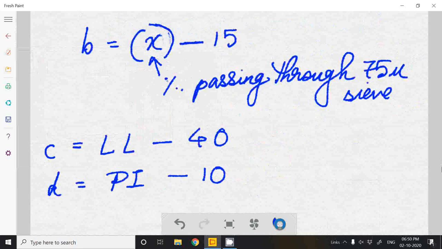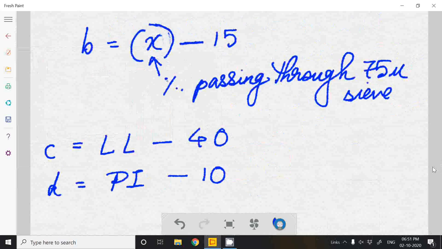You just have to remember that A is the percentage passing through 75 micron minus 35, B is percentage passing through 75 micron minus 15, C is liquid limit minus 40, and D is plasticity index minus 10.